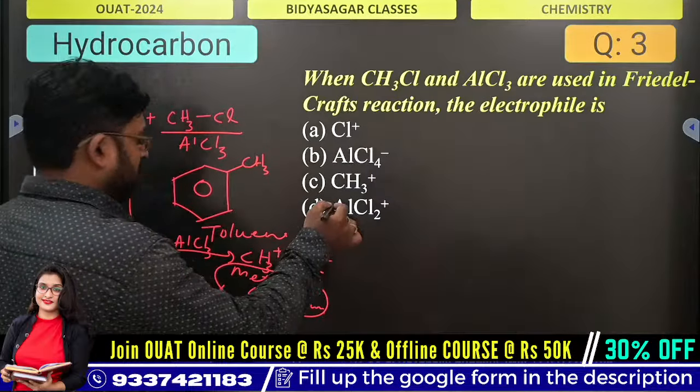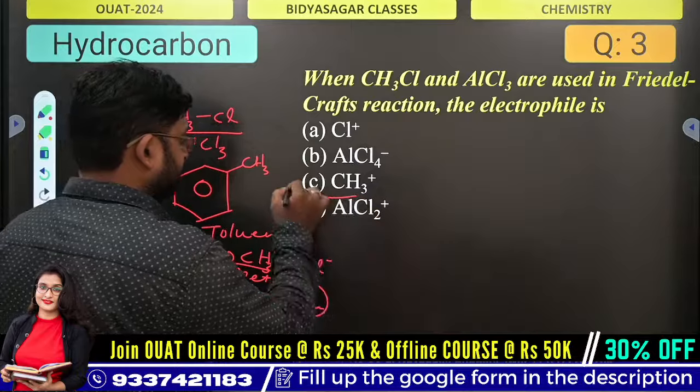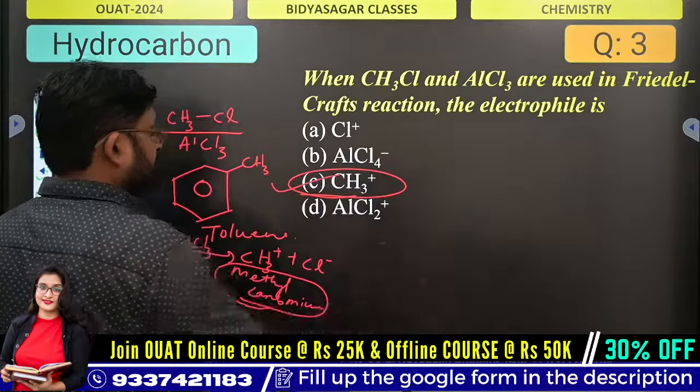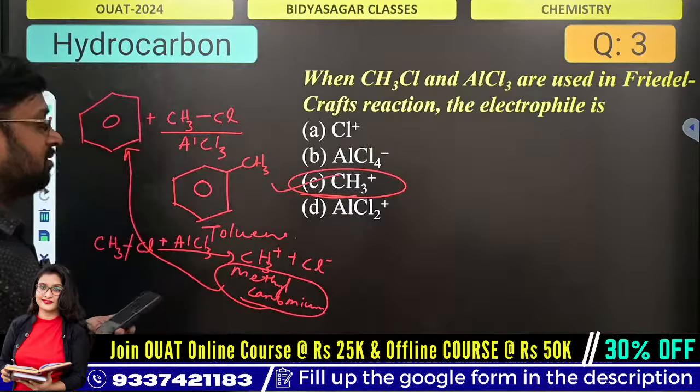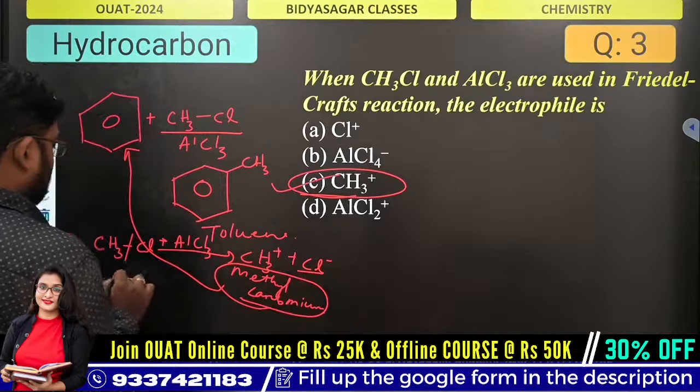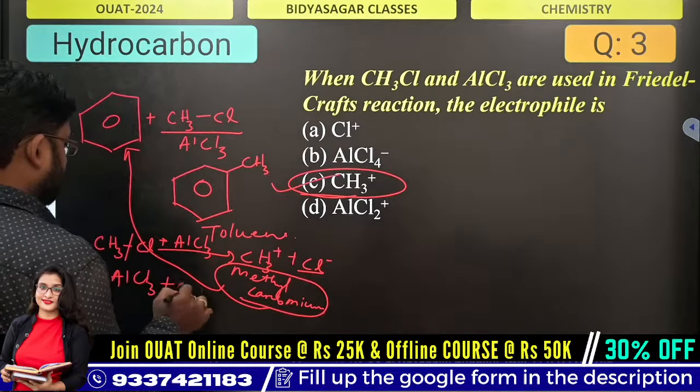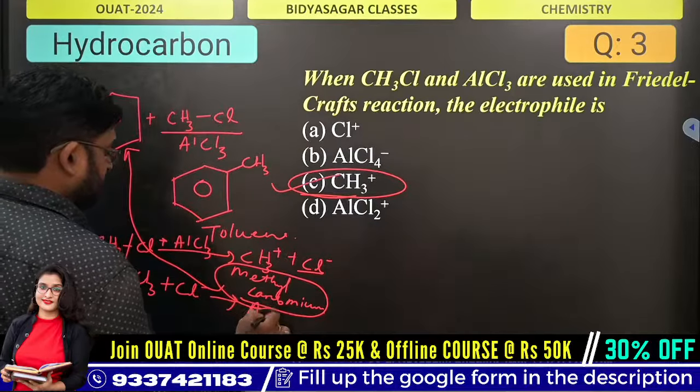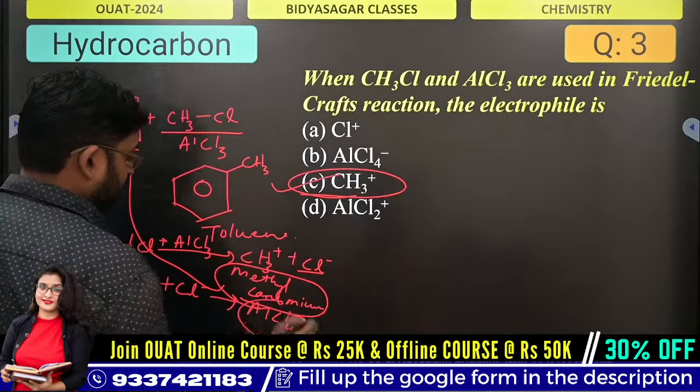So the answer is CH3 plus. C is the correct answer, CH3 plus. Cl minus with AlCl3 will give you AlCl4 minus.